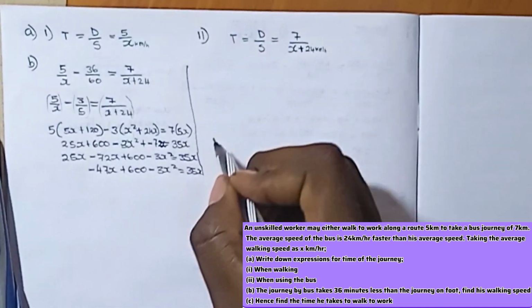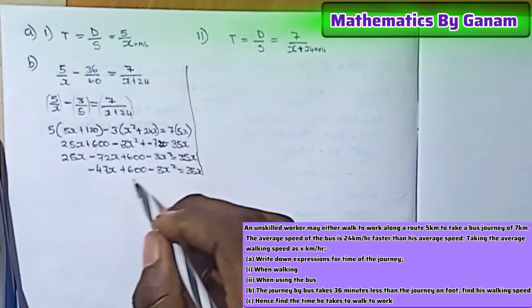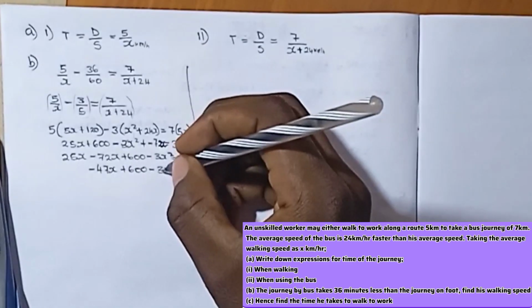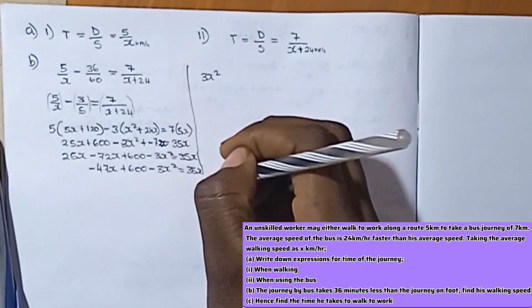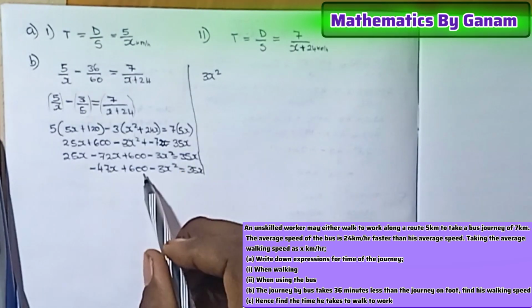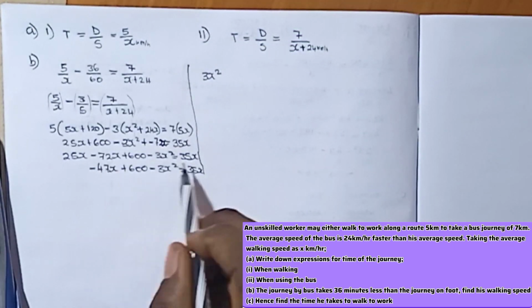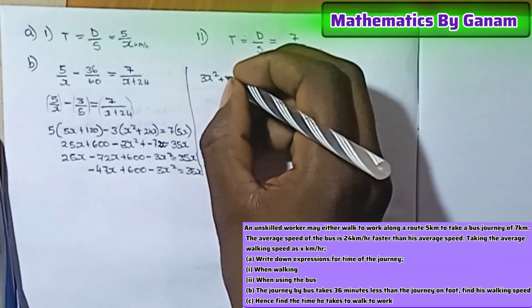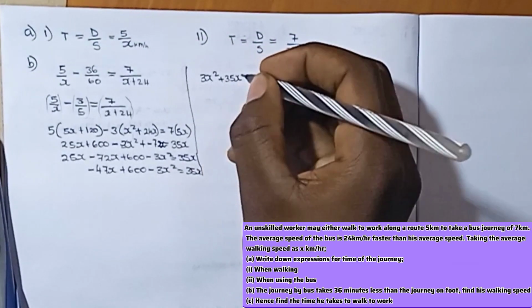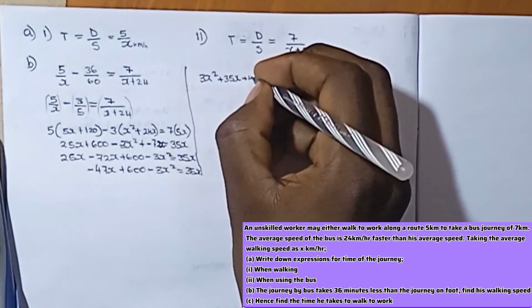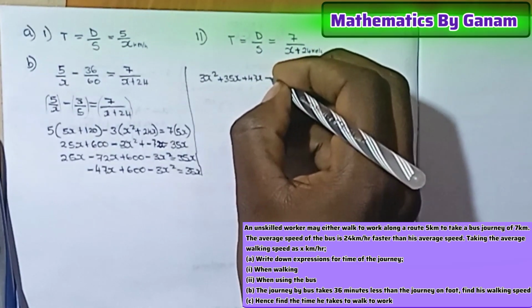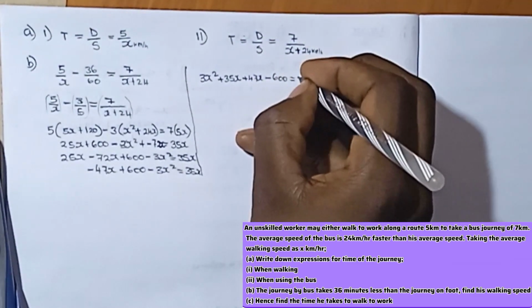So let us take this side to the other side. We're going to have, starting with this, 3x squared, because when going to the other side it's going to be positive, so plus 35x plus 47 minus 600 is equal to 0.